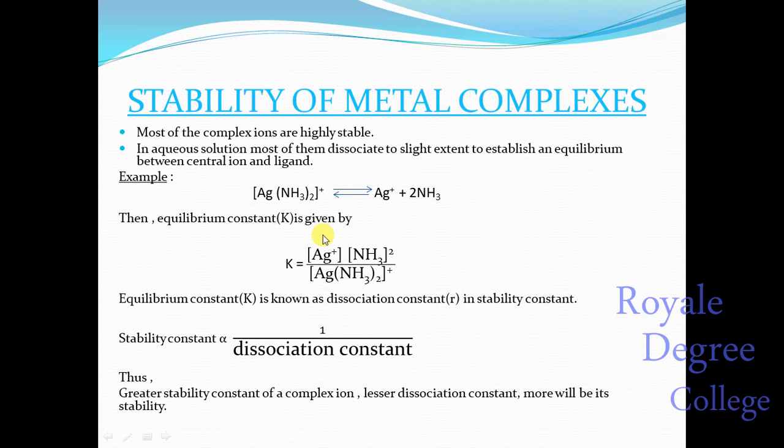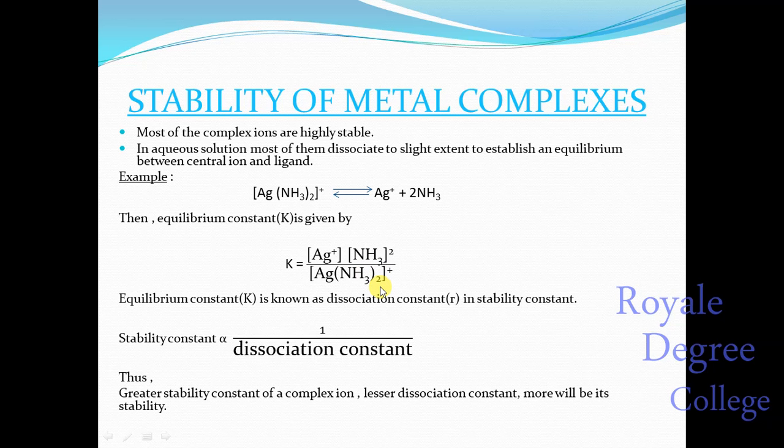So K equals the molar concentration of the products divided by the molar concentration of the reactants. We are writing here [Ag+], the molar concentration of Ag+, times the molar concentration of ammonia NH3. Since 2 moles of ammonia are there, we are writing it to the power 2. Then divided by the molar concentration of [Ag(NH3)2]+.